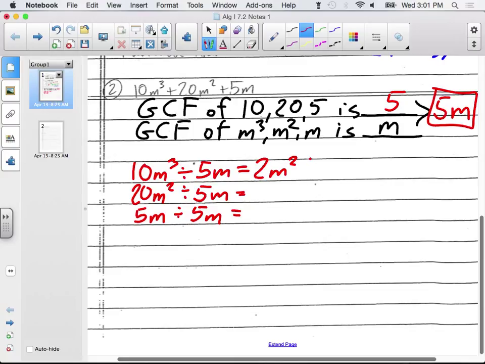Alright, next part. 20m squared divided by 5m is? 4m.